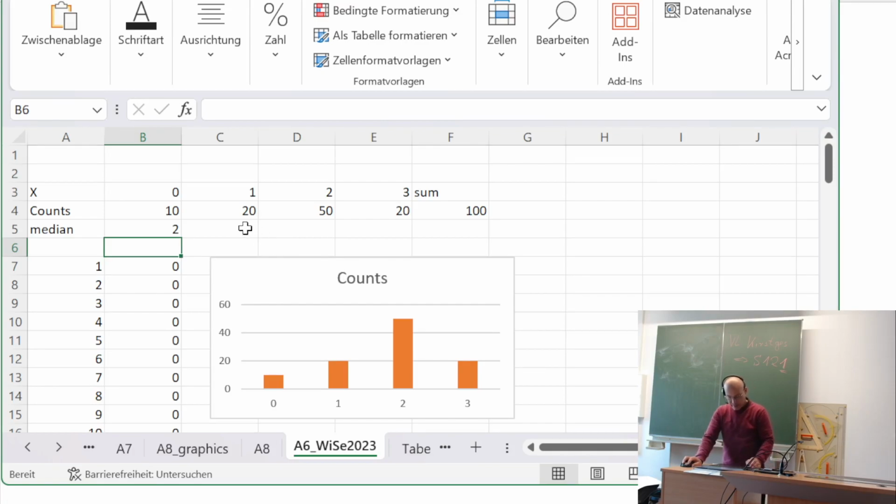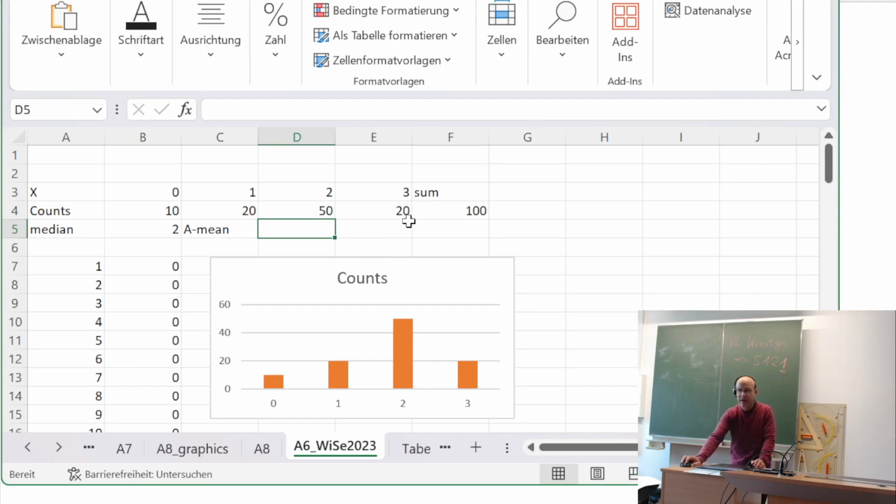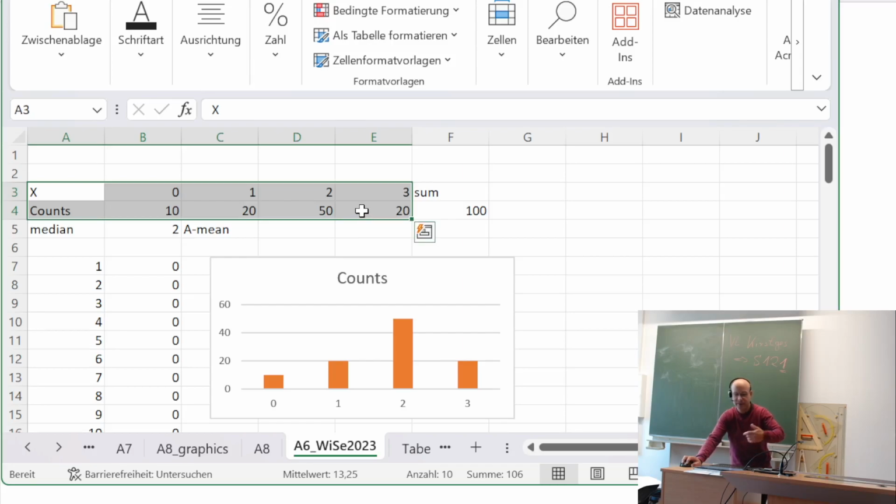So then the arithmetic mean. What do we have to do here? Well, in this table our data is more or less already sorted.